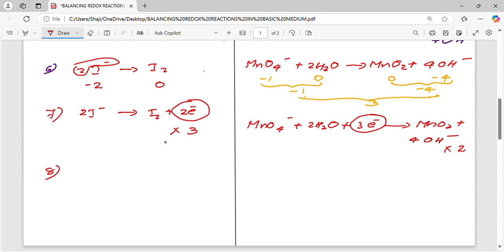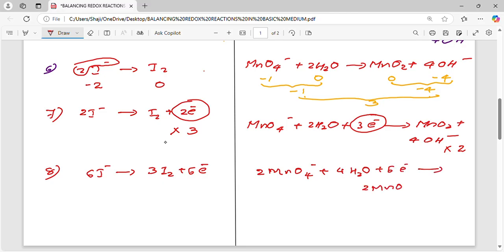So the oxidation half becomes 6I minus gives 3I2 plus 6 electrons. And the reduction half becomes 2 MnO4 minus. We are multiplying all the species with 2. So that 4 water plus 6 electrons gives 2 MnO2 plus 8 OH minus.